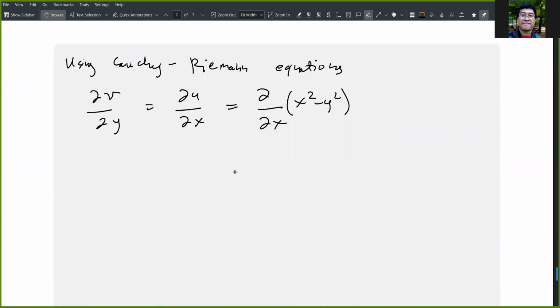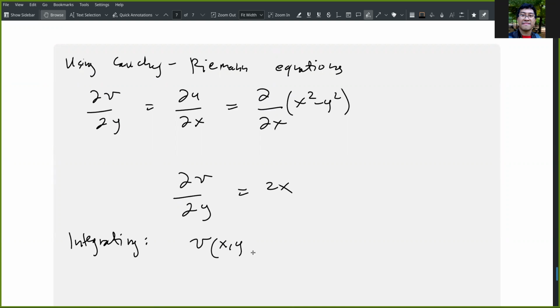So partial v with respect to y equals 2x. Integrating, you have v, which is a function of x and y. That's the integral of 2x dy, which is 2xy plus g of x.